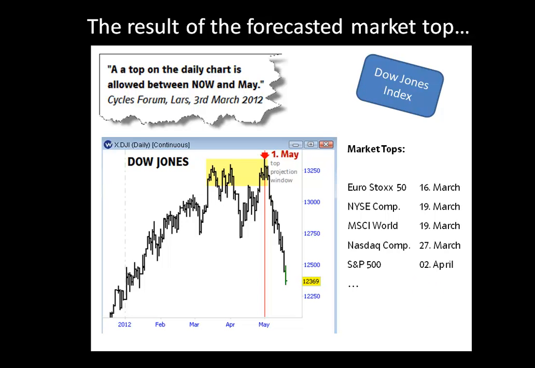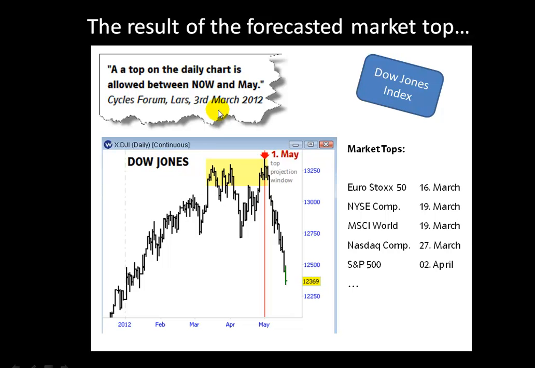What you see here is quite interesting, because a projection from one index will give you the area where to expect the top, and all indexes topped within it. The forecast was made on March 3rd, and just one week later the first major index topped, and then week for week the next index followed until the last one topped on May 1st.